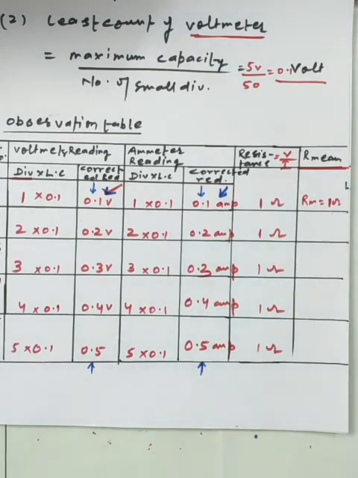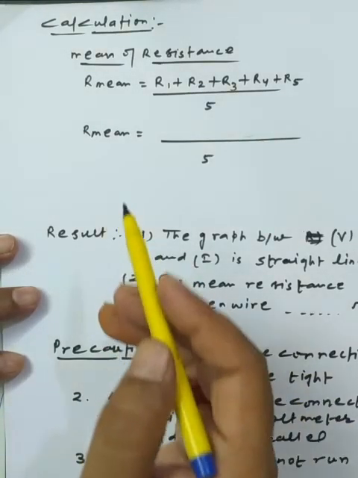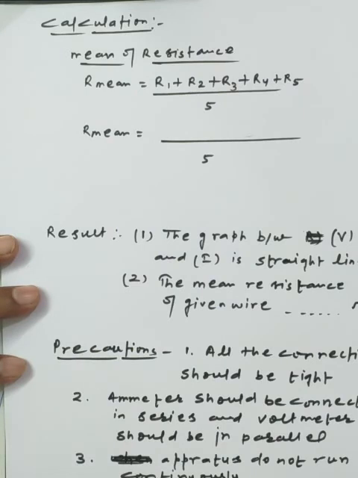Now here we have the calculation portion. From the tabulation part we can find the resistance mean.